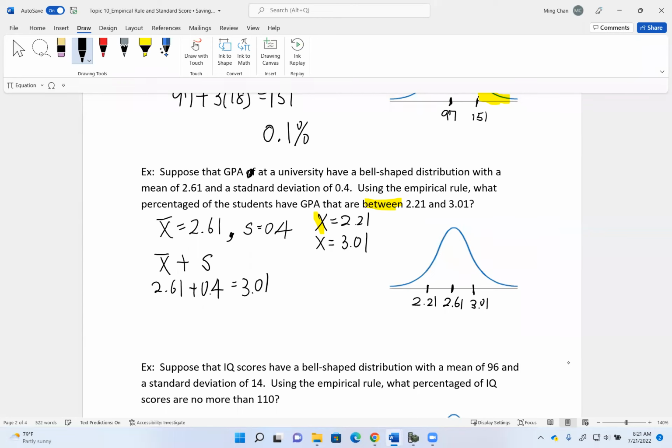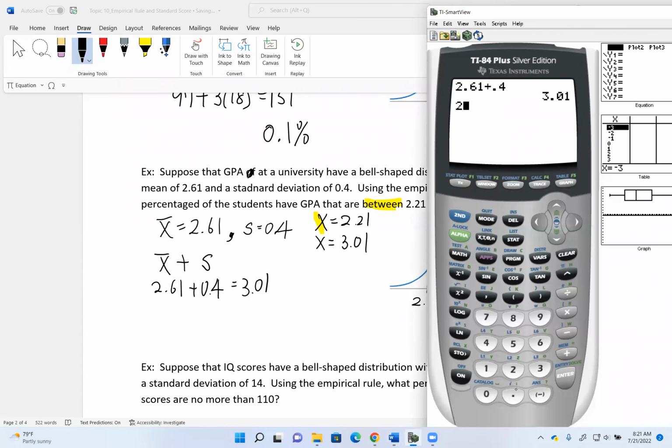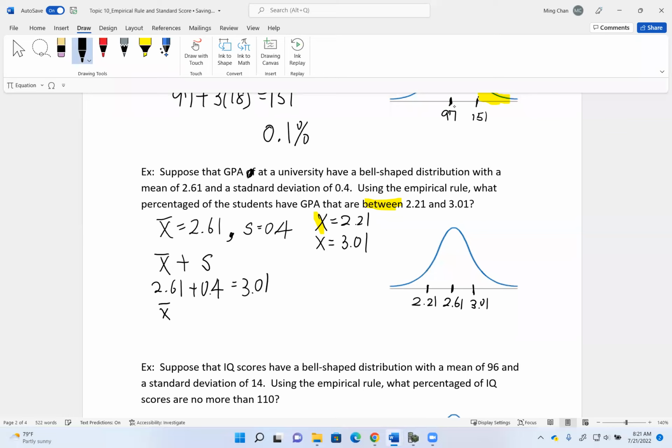So 3.01 is only one standard deviation away. 2.21 is to the left. 2.61 minus 0.4 is 2.21, which is to the left of your mean. So 2.21 is one standard deviation below the mean.